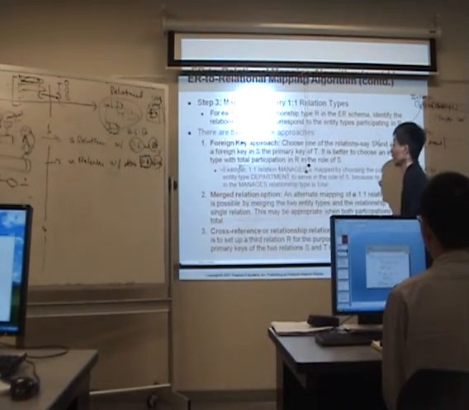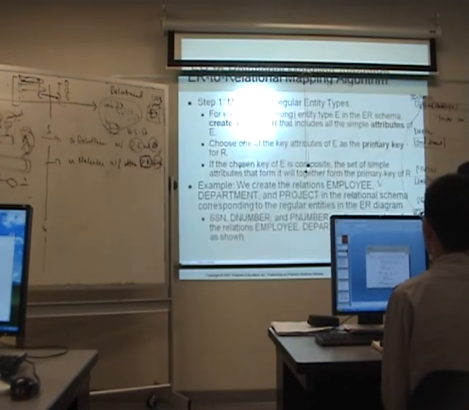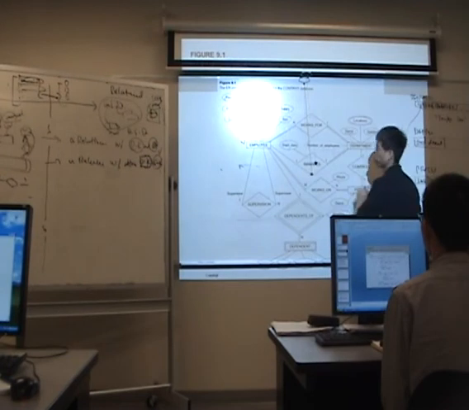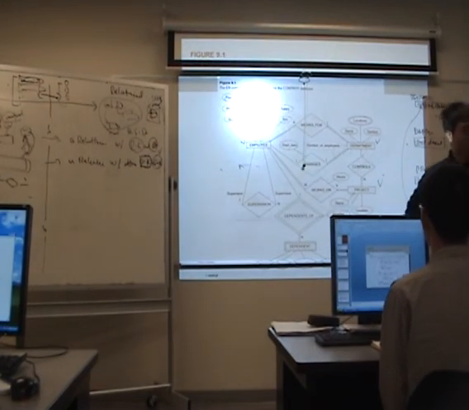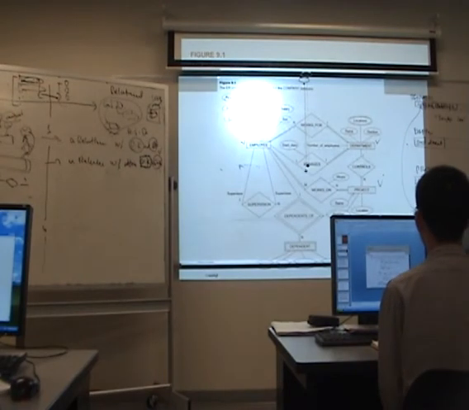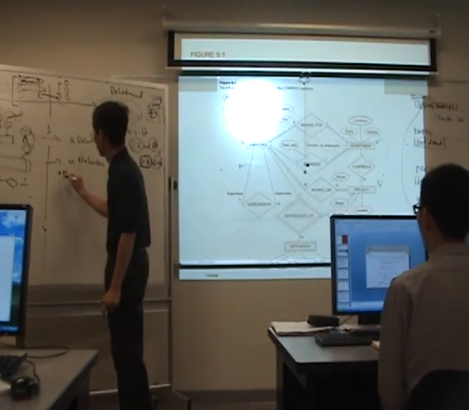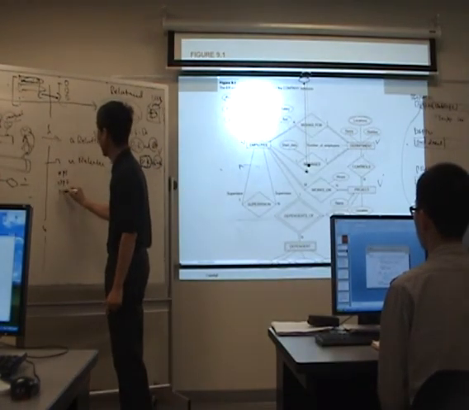For example, here, which one is a one-to-one relationship? Manage. Any idea? There are 3 options to deal with a one-to-one relationship. Option 1, option 2, option 3.